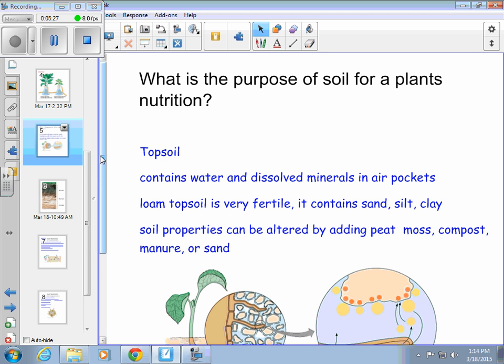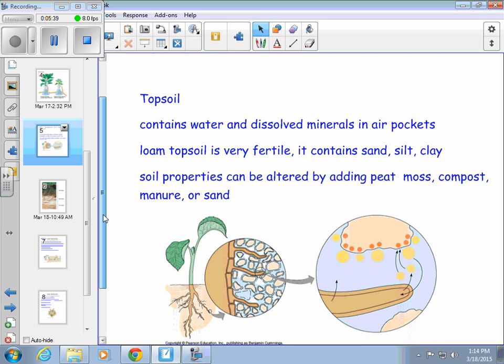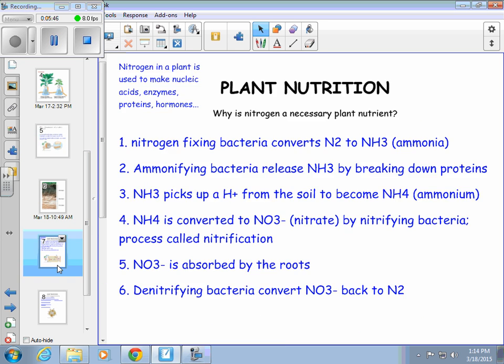The properties of soil can be altered by adding things to the mix. If you add peat moss or compost material, manure, or sand, all of those things would change the composition of your soil, making it a more fertile, more aerated environment for the growth of plants.